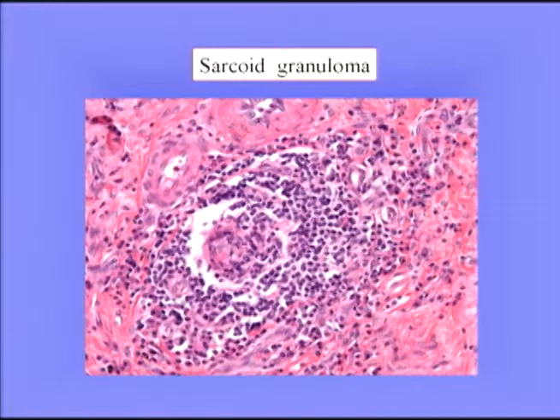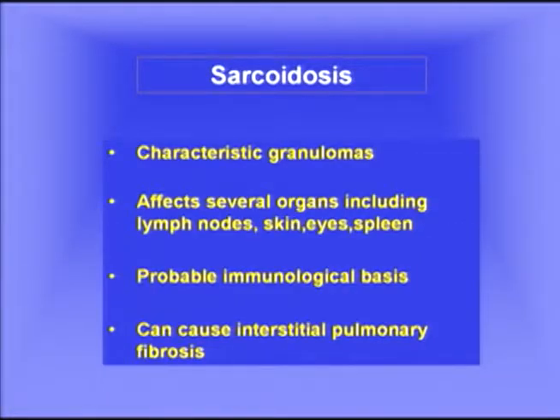Sarcoidosis, the pathological feature, is a granuloma shown here. It's a non-caseating granuloma, so it's rather different from that seen in tuberculosis, for example, big giant cells, and it's a characteristic of the disease.